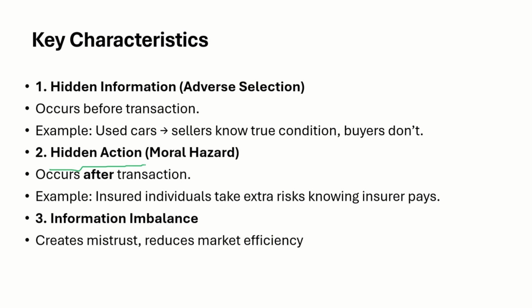After purchasing health insurance, you might be less careful about your health because you know the insurance company will cover the cost. This is moral hazard. You can take more risks because you know the cost will be borne by the insurance company, so you act like a careless person. As a result, the insurance industry has to increase their premium. So everyone has to pay a higher premium, and market inefficiency occurs, which I mentioned earlier.